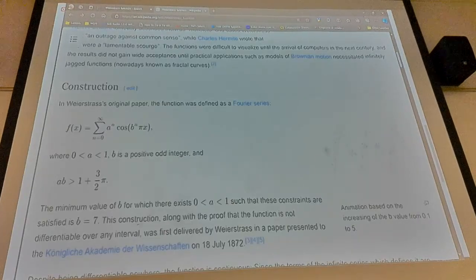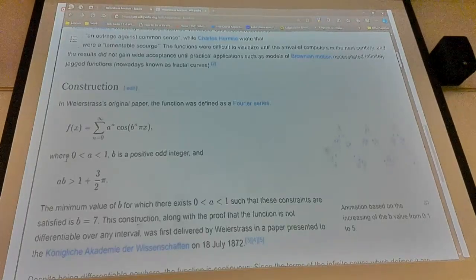How's it going from parabolic to jagged? So it's based on the value for b increasing from 0.1 to 5. So a and b are not integers. A is a real number between 0 and 1. B is any positive odd integer that satisfies this condition down here.